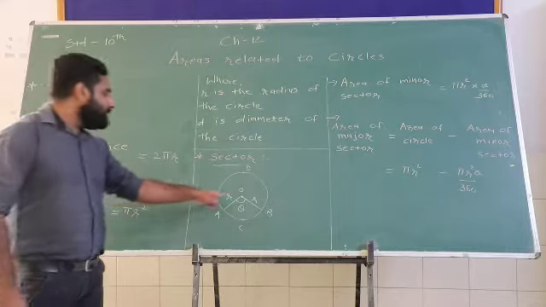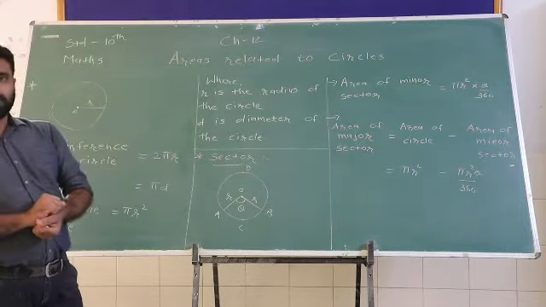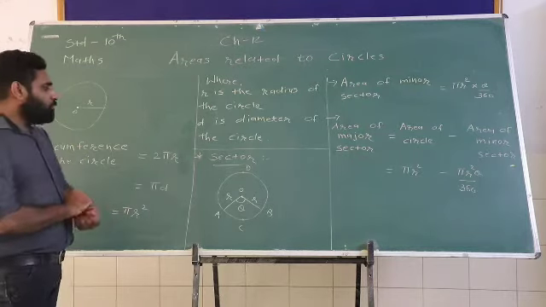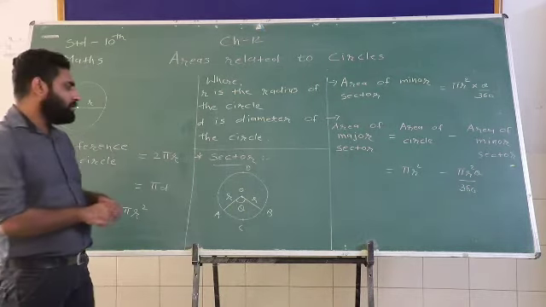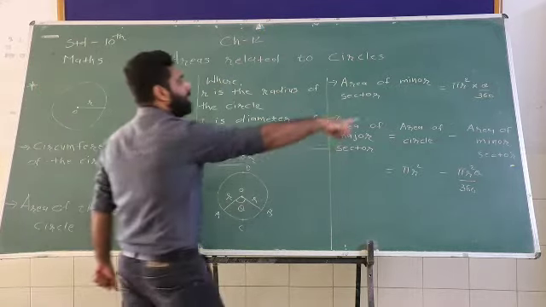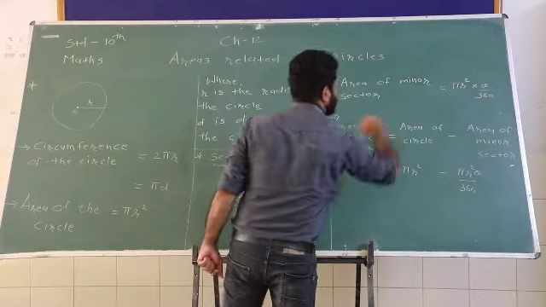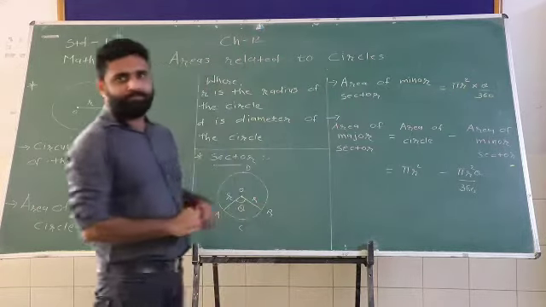Here the angle between the 2 radii is, suppose, theta. So now, what is the area of this minor sector? Area of minor sector is pi r square into theta by 360.